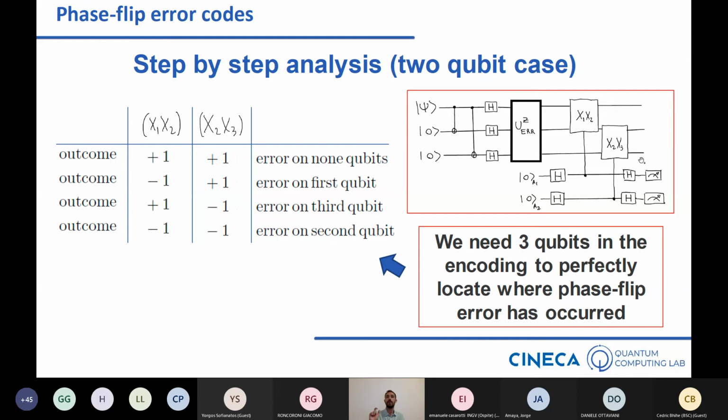And in this way, I eliminate the original error that was introduced. So I showed you the detection part, of course, but the correction is easy. You just need to add some X gate or a Z gate.